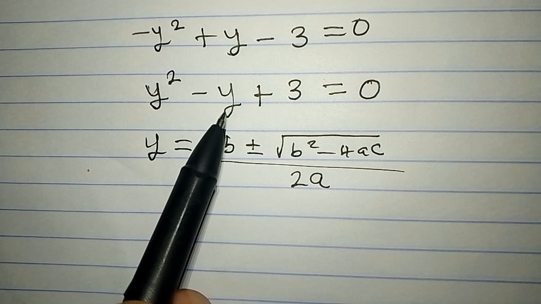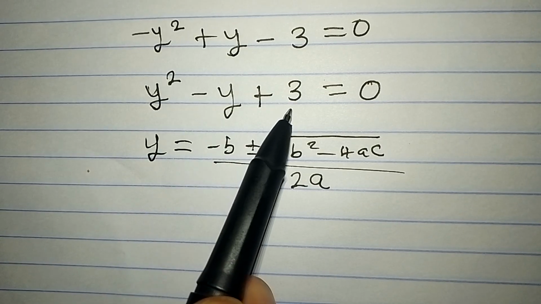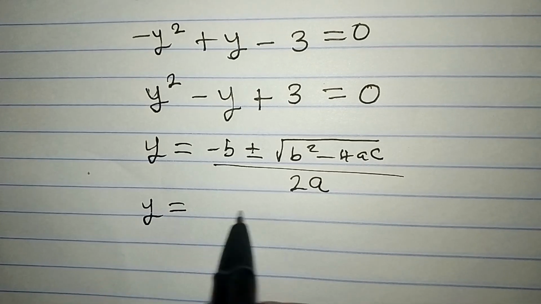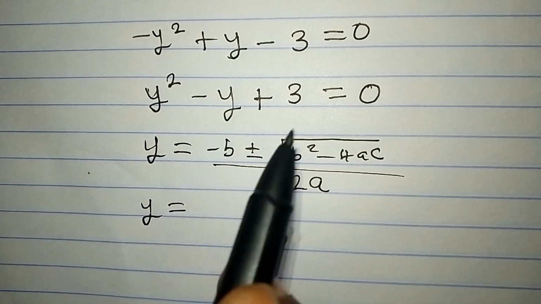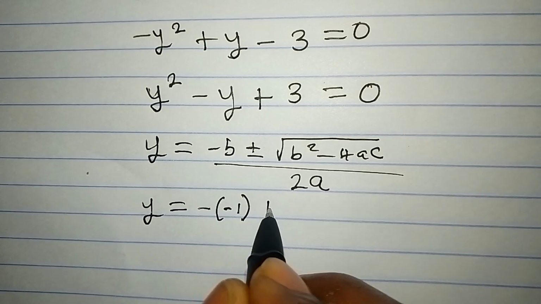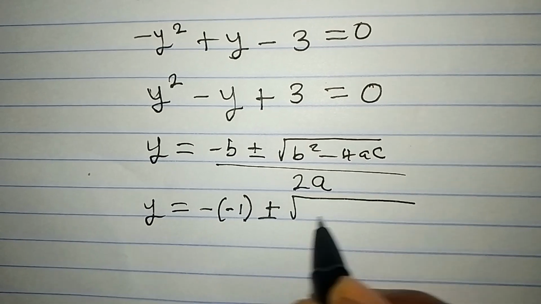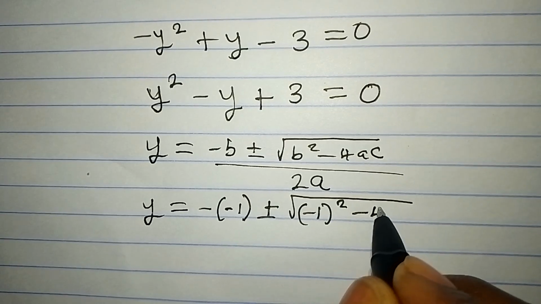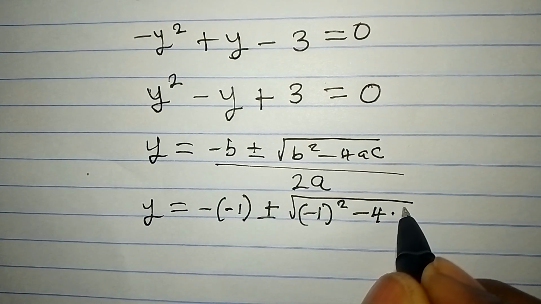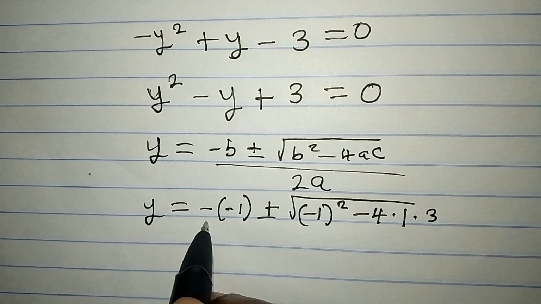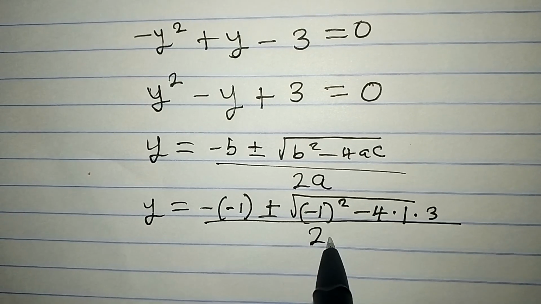Our b is minus 1, and our c is 3. Now, our y will be equal to negative 1, plus or minus square root of negative 1 in brackets squared, minus 4 times 1 times 3. So the whole of this will be over 2 times 1.